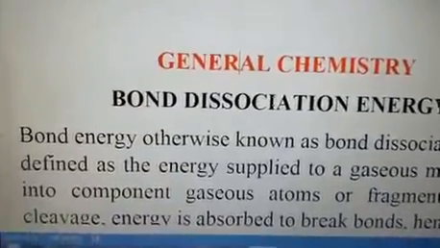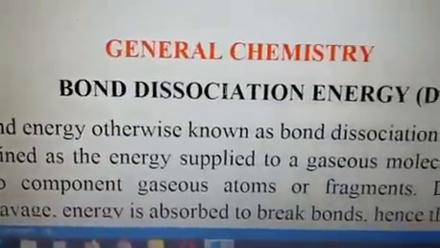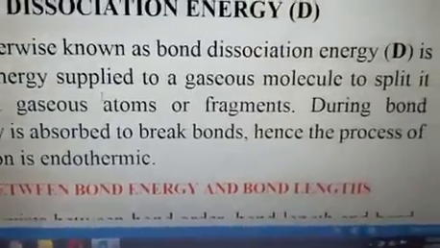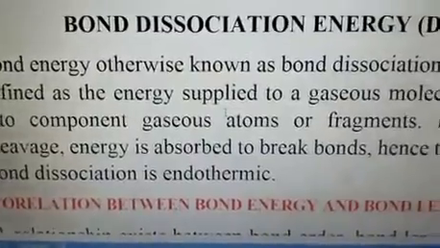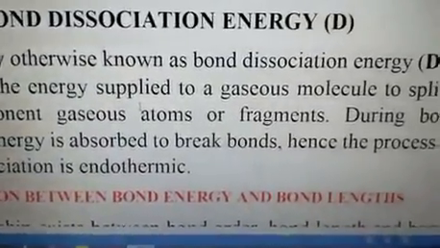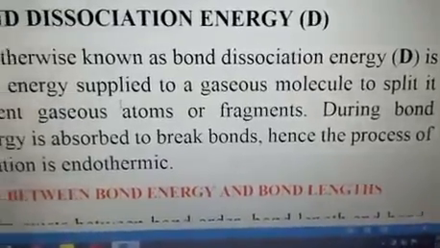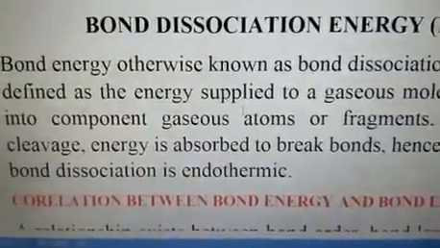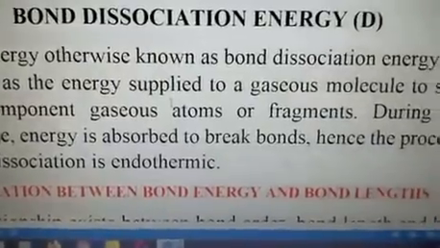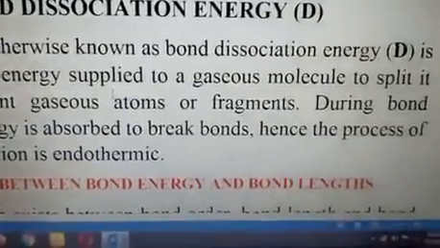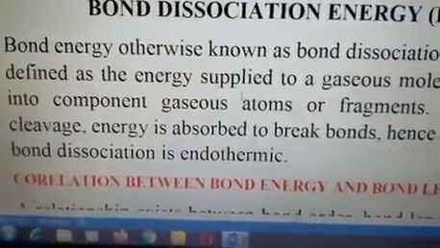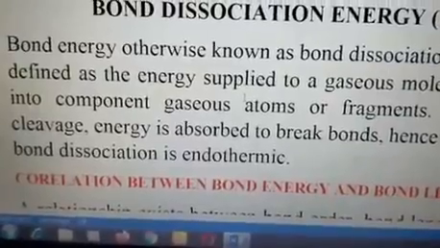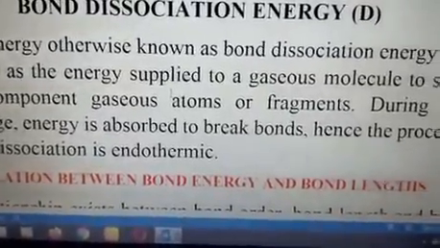So bond energy, otherwise known as bond dissociation energy, D, is defined as the energy supplied to a gaseous molecule to split it into component gaseous atoms or fragments. During bond cleavage, or cleavage means breakage of bond, energy is absorbed to break bonds.